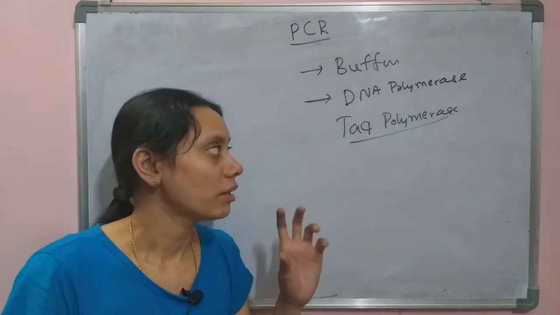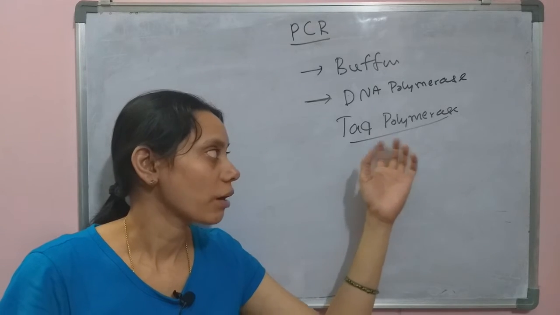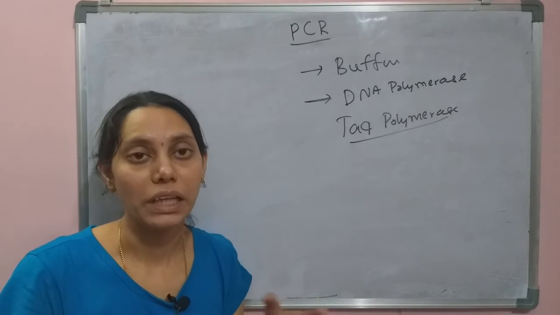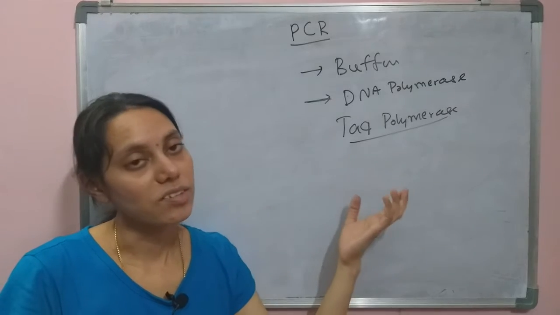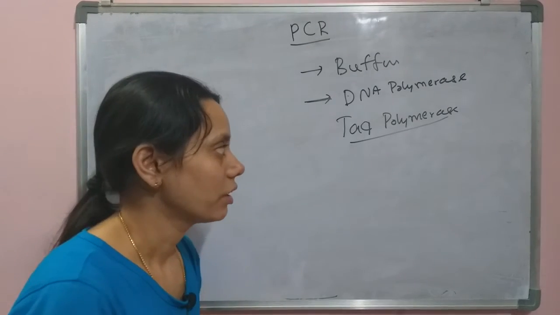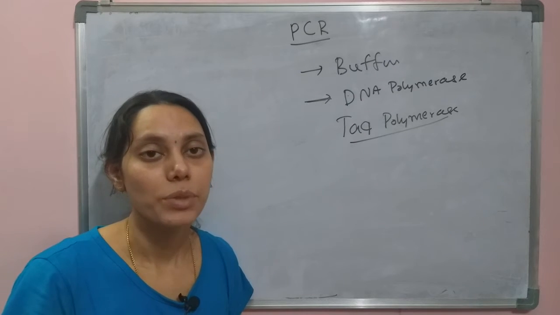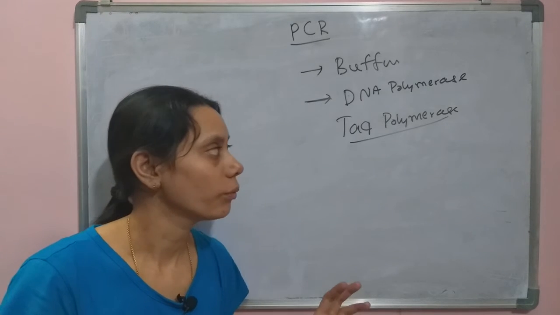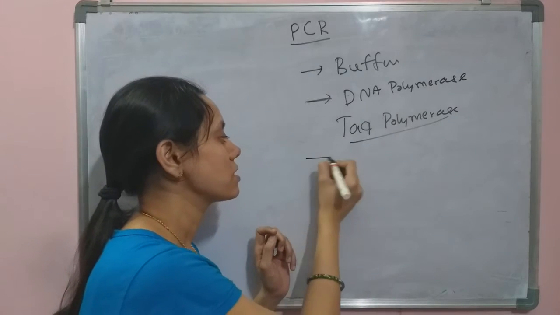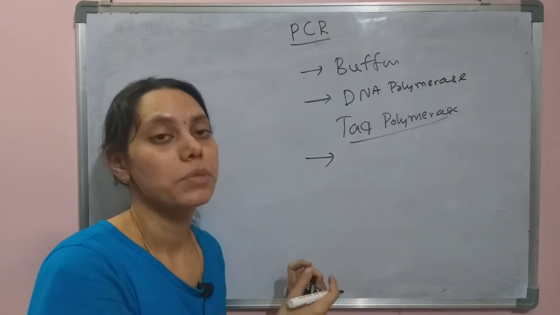So that type of DNA polymerase, Thermus aquaticus DNA polymerase, will be taken for the PCR reaction, and it can resist the high temperatures employed in the PCR reaction cycles. So that is the second requirement of the PCR reaction.